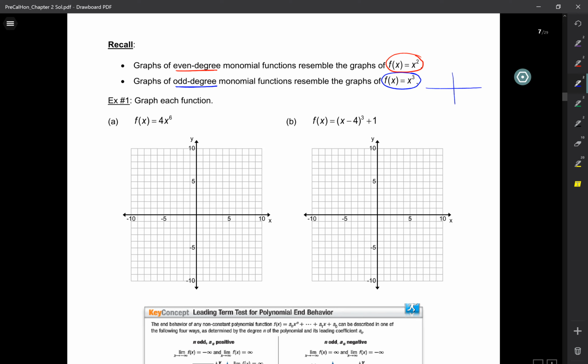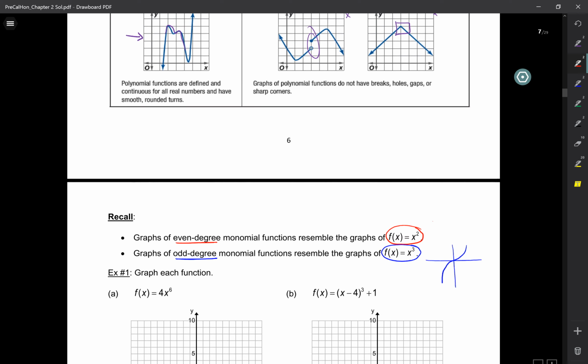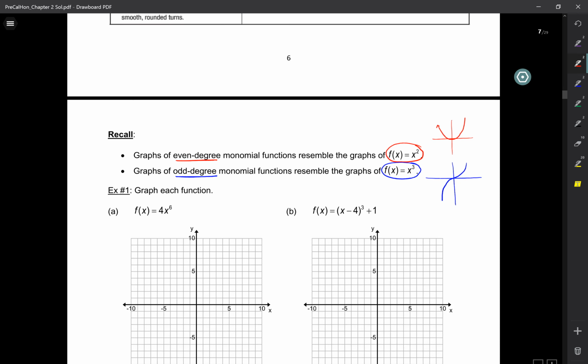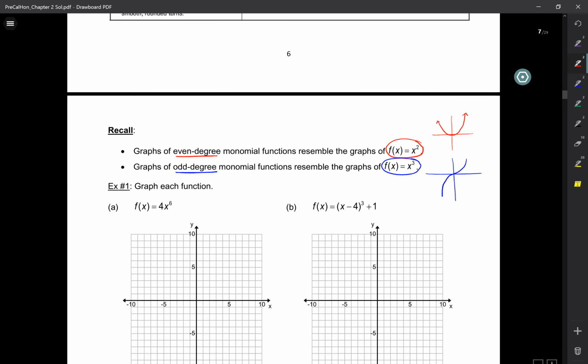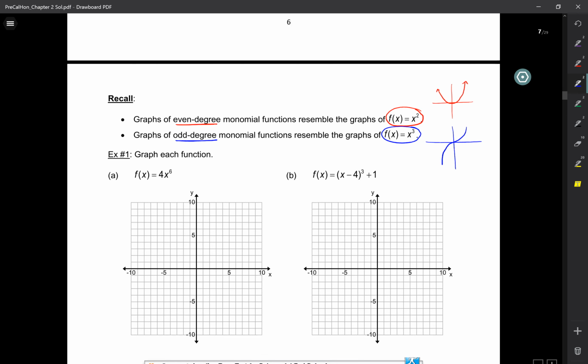Where it looks like this. So even degree will look like this, like a parabola. And odd degree will look like this. So basically even degree, both ends are either up or both ends are down. And for the odd degree, one is up, one is down.